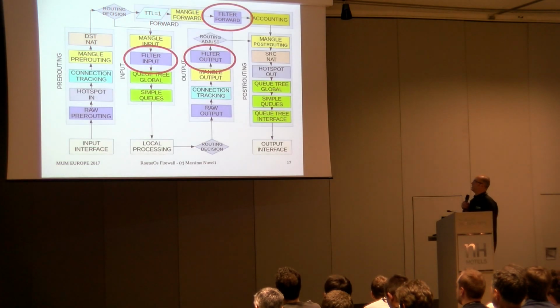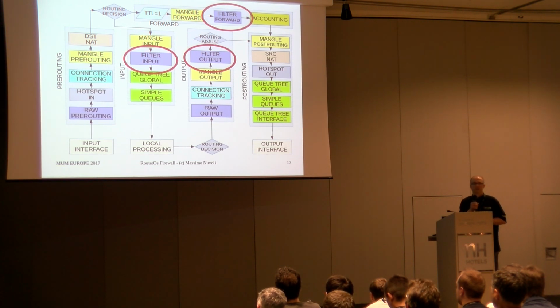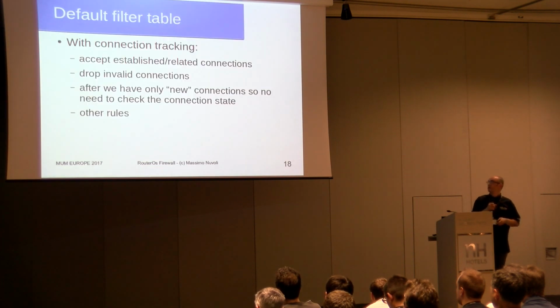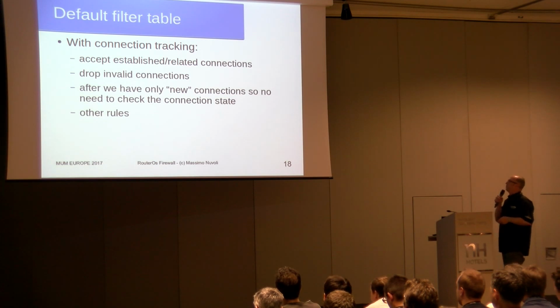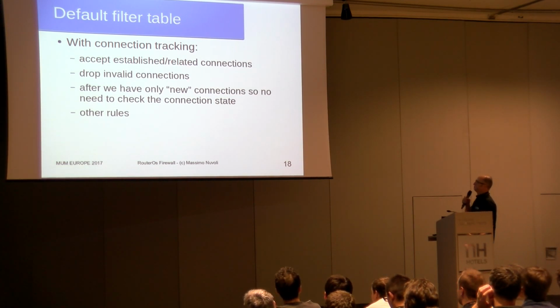And this is the position of the filter in the packet flow: input, output, and forward. This is a common default filter table. I want to show that because it's important to understand later.